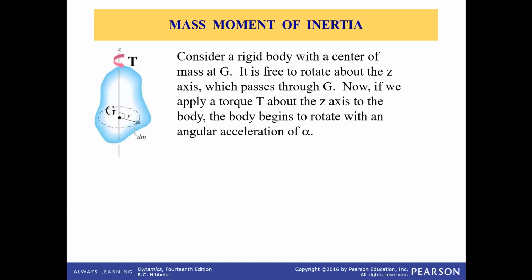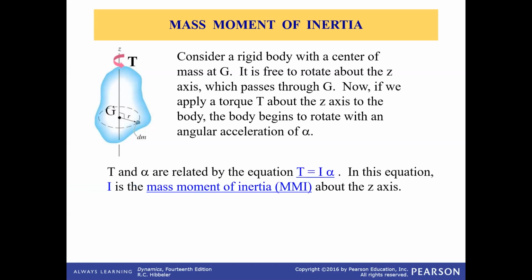Let's take the z-axis in this case, going through the body. Just like what we have for linear or translational motion, if you have a body that's moving and you apply external forces, then there's a response to the external forces. So the mass is the measure of the resistance to the external forces.